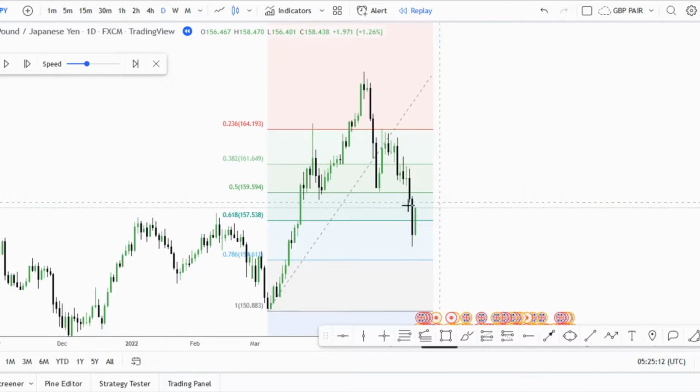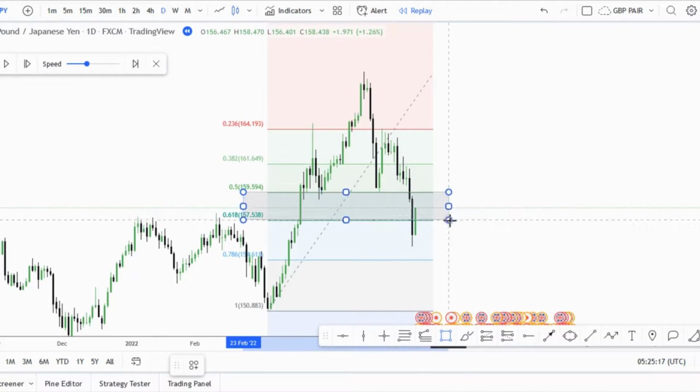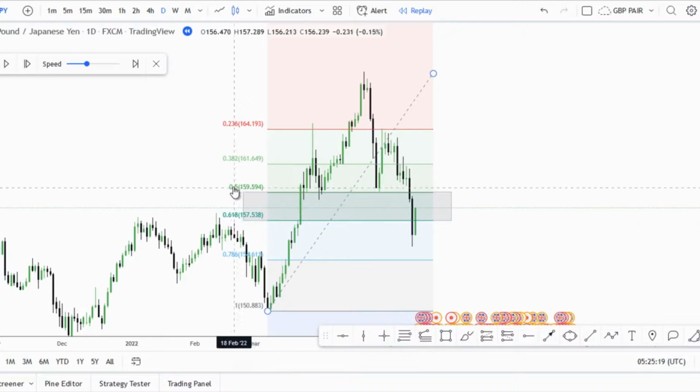So now you can see this is also another area between the 0.5 and 0.6. That's where it gets interesting.